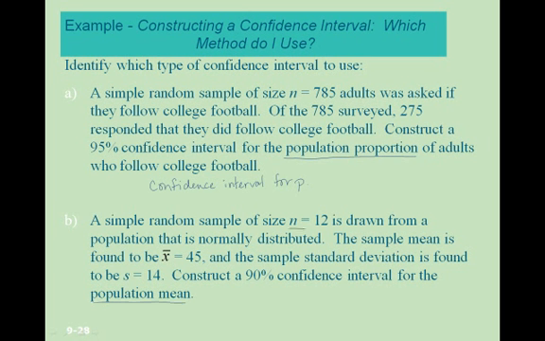Our sample size is 12, so it is less than 30. If it was greater than 30, we could automatically do a t-interval. But now we need to look for the words normally distributed, and we see that those are there. So since we know that our population is normally distributed, even though the sample size is small, we can still do a confidence interval for t.